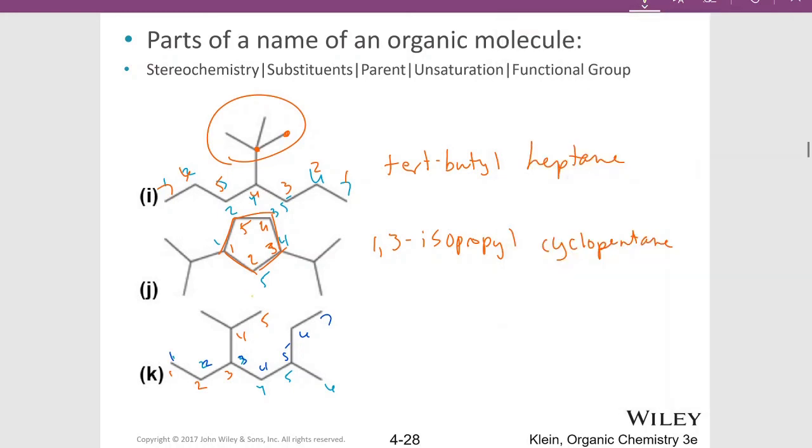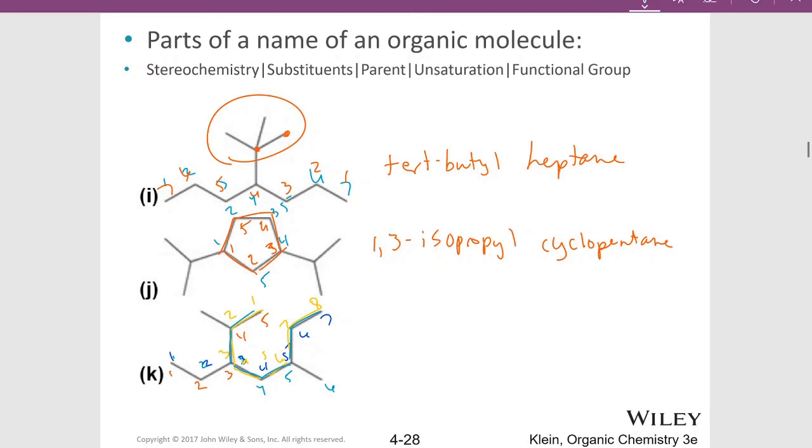Let's also try 1, 2, 3, 4, 5, 6, 7, 8. Whoops. We found an even longer carbon chain. So do I want to number as we have it there, or do I want to go from, say, 8 to 1? Do I want to go this way, or do I want to go the other way?